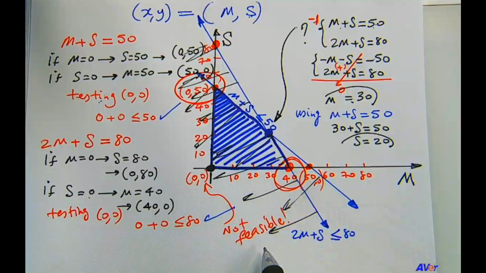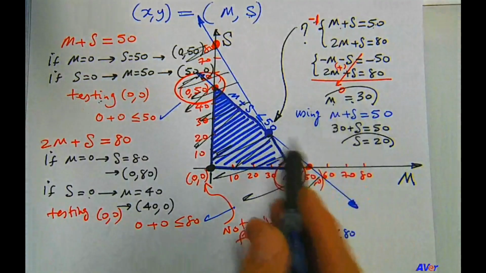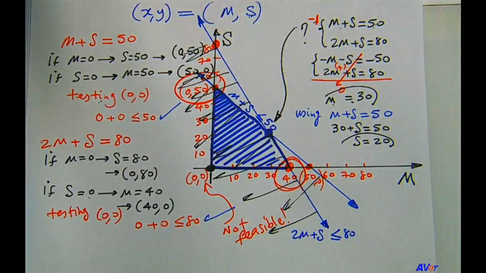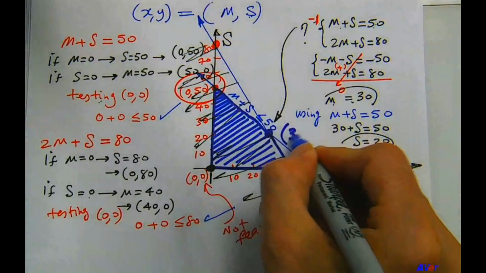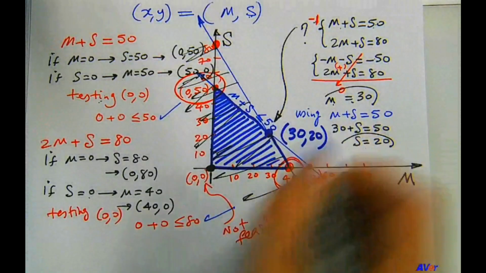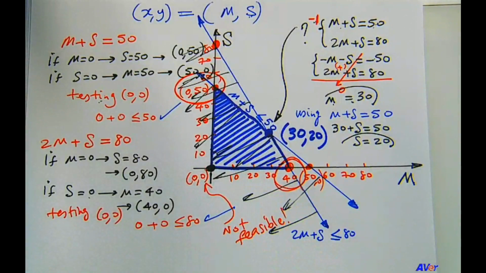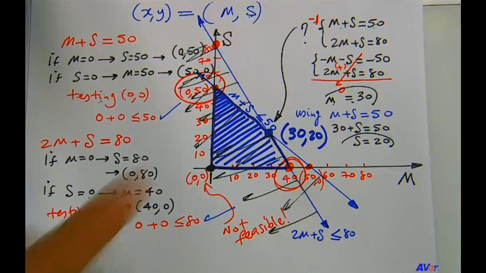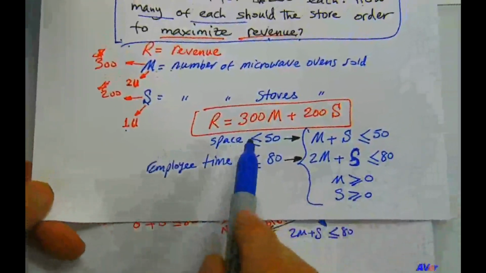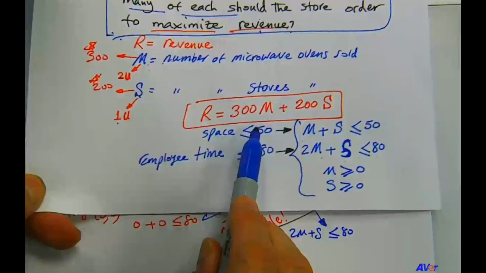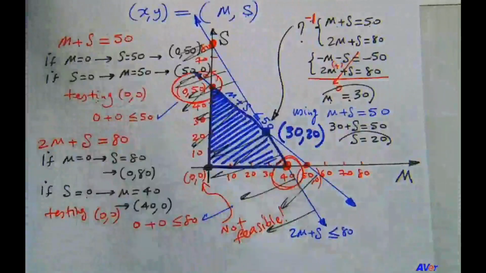So we have s, we have m, we have the coordinates of that point then figured out. So we have 30 comma 20 as the coordinates of that point. Great. So now we have the coordinates of all 3 points. We're going to maximize this objective function. So let me write it down.